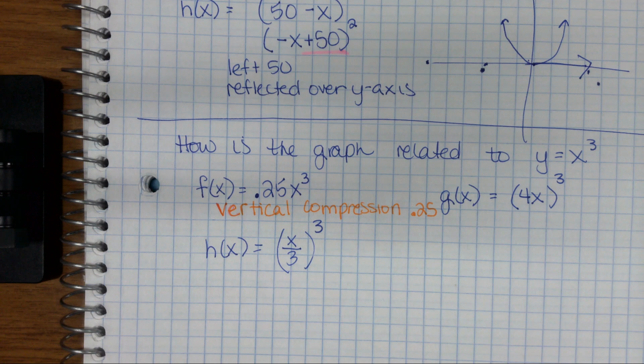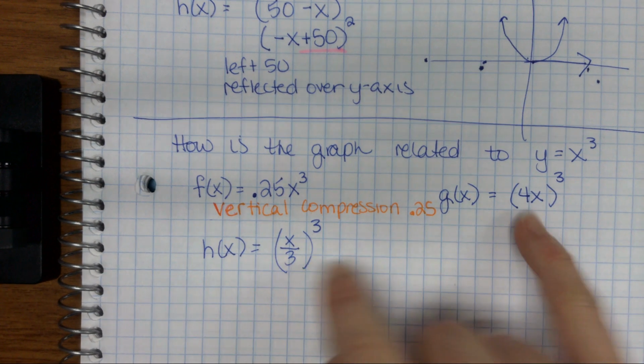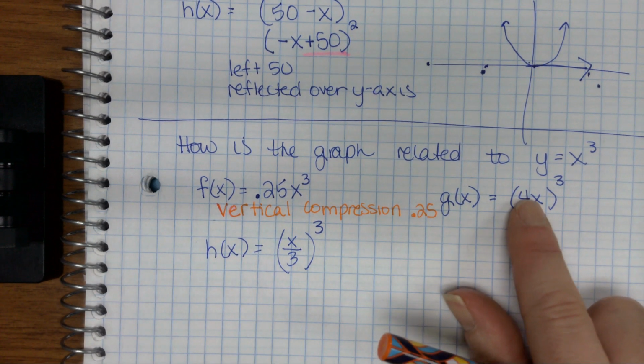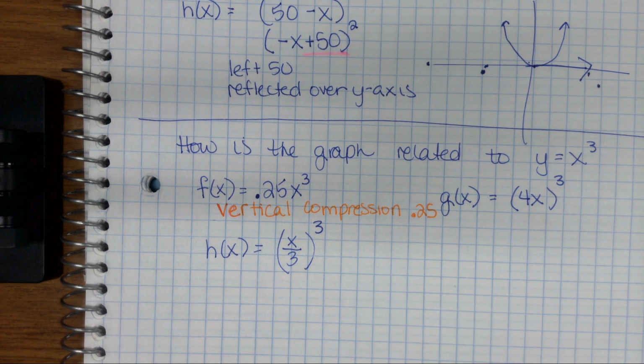Vertical. Wait, which one are we doing? X over 3? This one, do g of x.